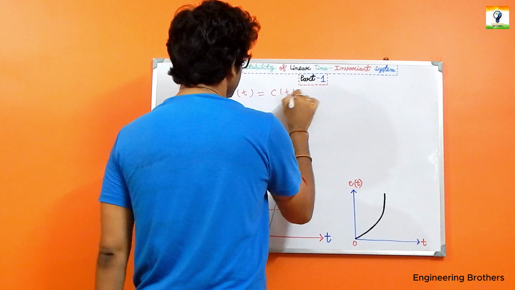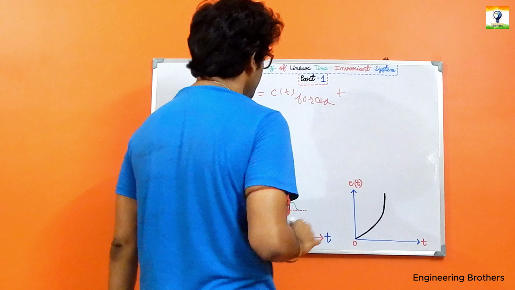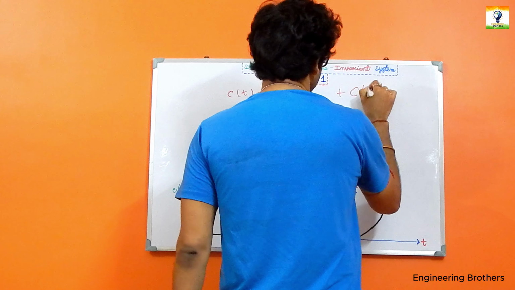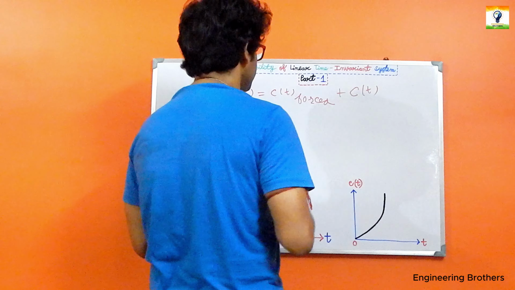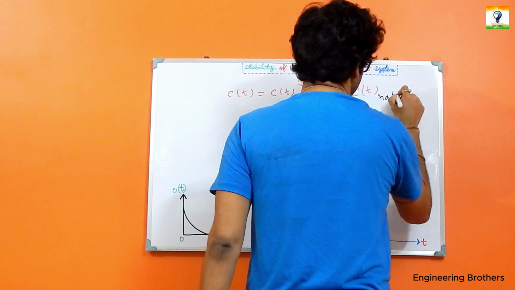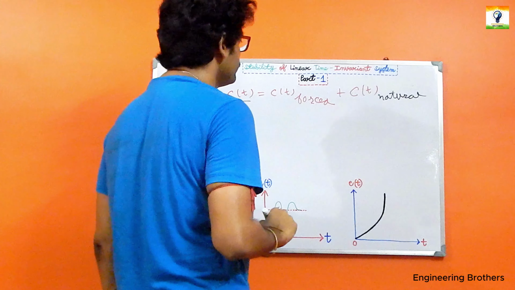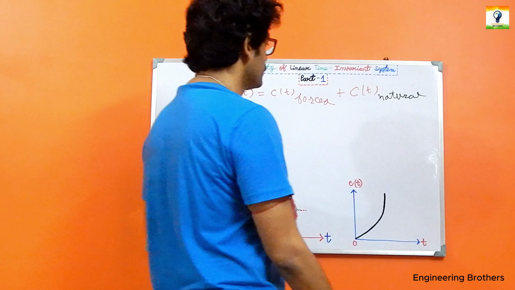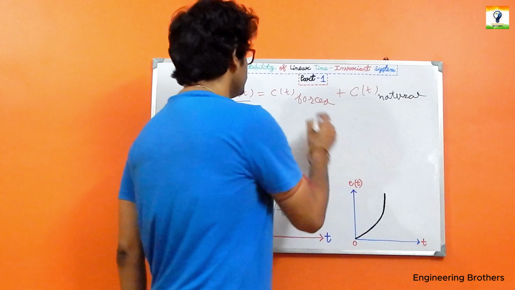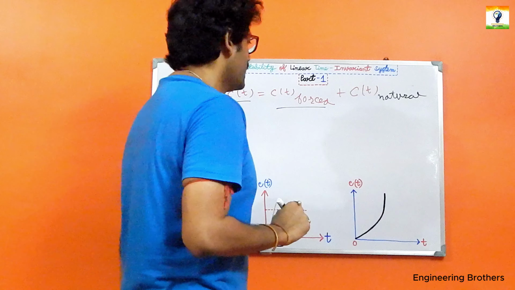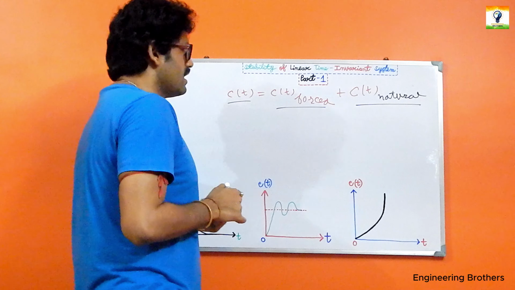The first one is c(t) forced, and the second one is c(t) natural. The response of our given system consists of these two types of response.